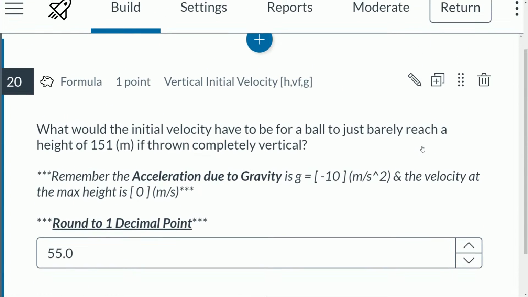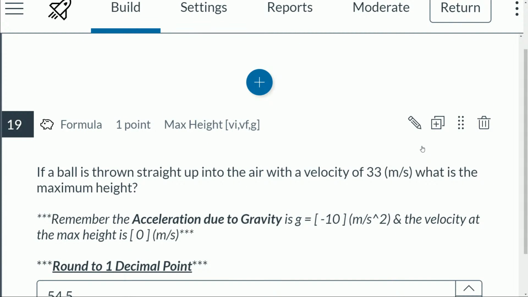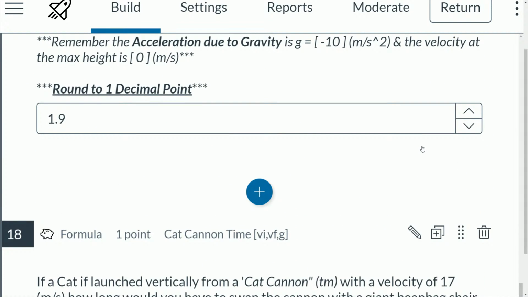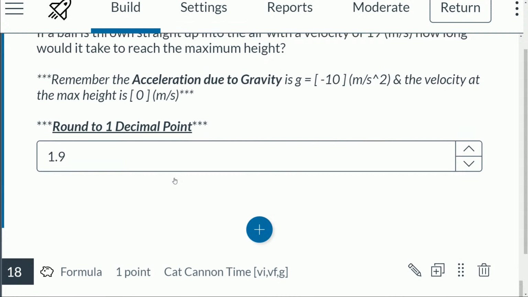Do you want to share your screen? That way I can see what it is. Do you know how to share your screen?